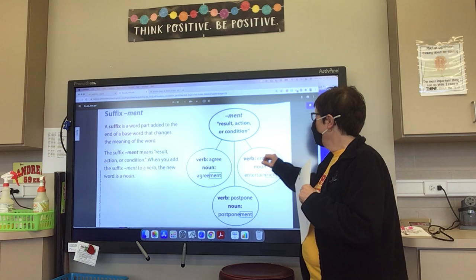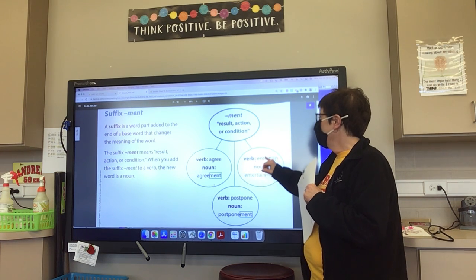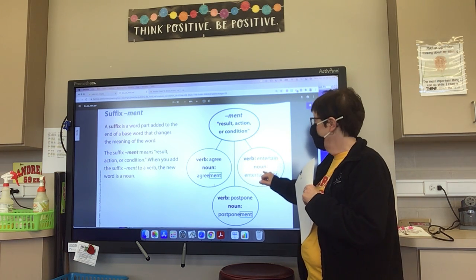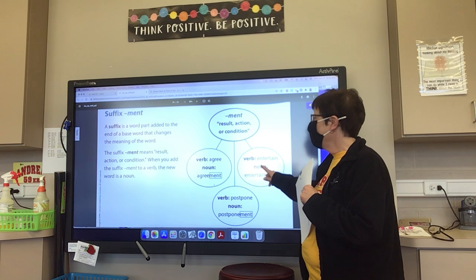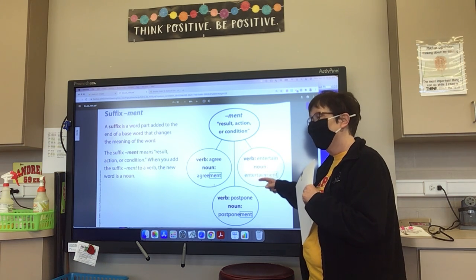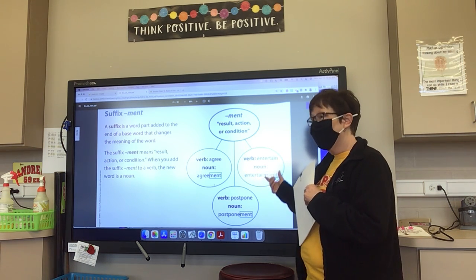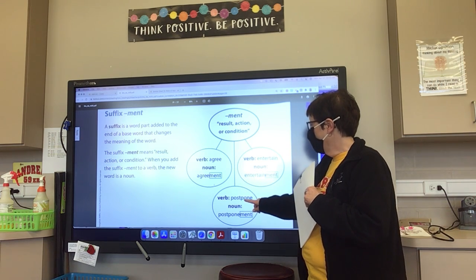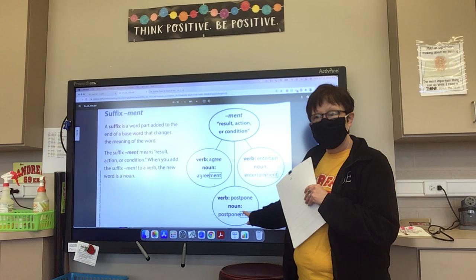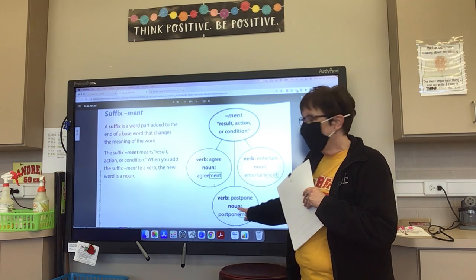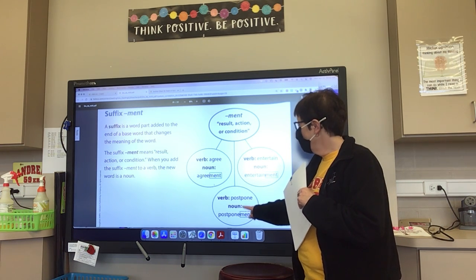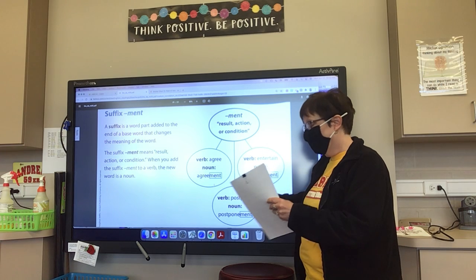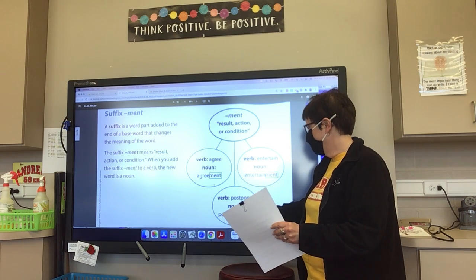Here we have the verb entertain. We add ment and now have a noun, entertainment, the act of entertaining. We have the verb postpone. If we add ment, it is now the noun postponement, the act of postponing.